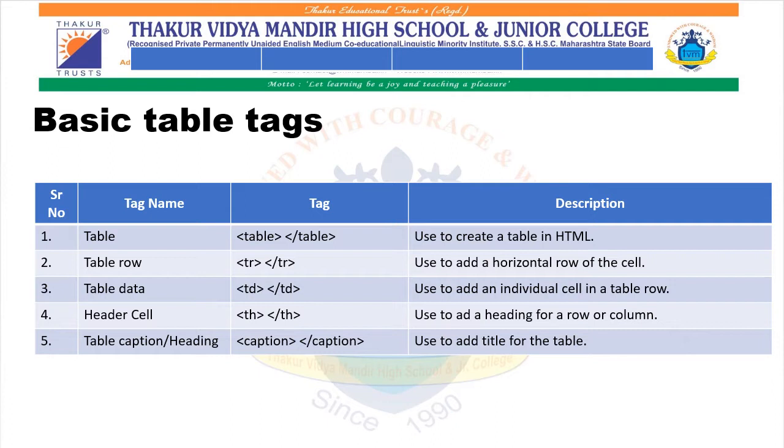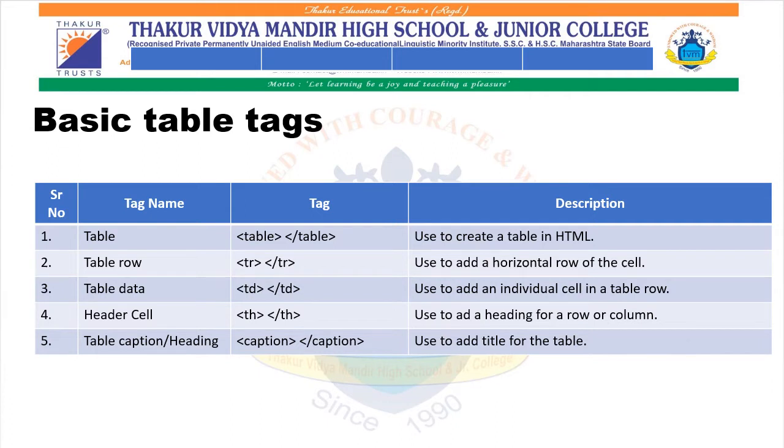On the screen, the tag format is the open table tag and the close table tag, and these tags are used to indicate that in HTML there is a table. These table tags tell the browser that the data is in a tabular format.